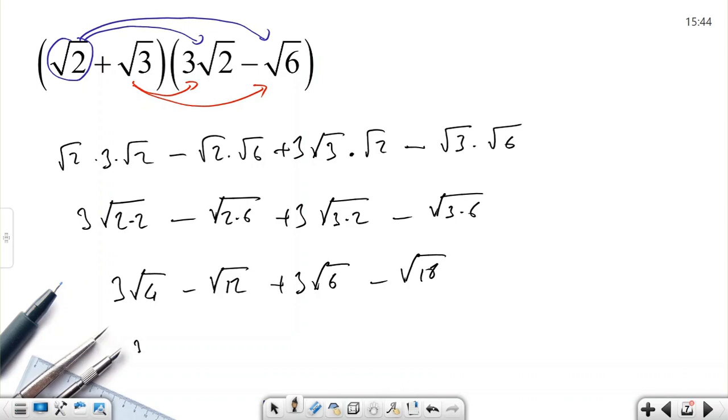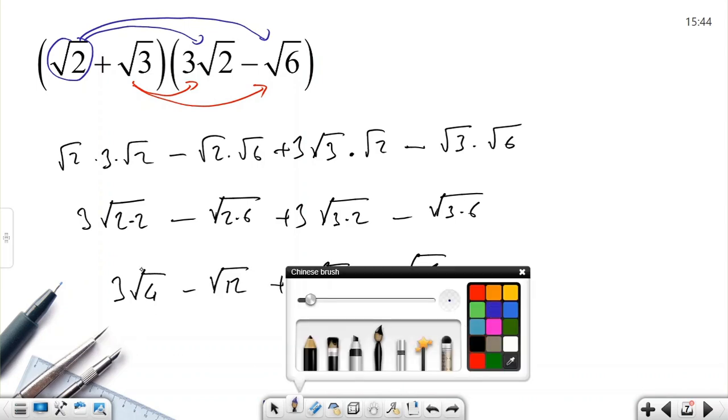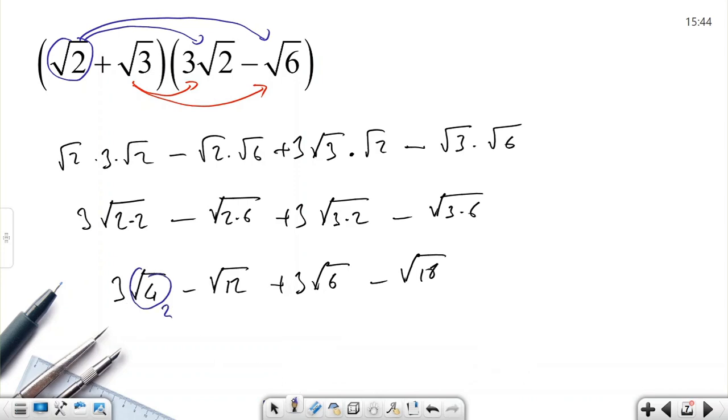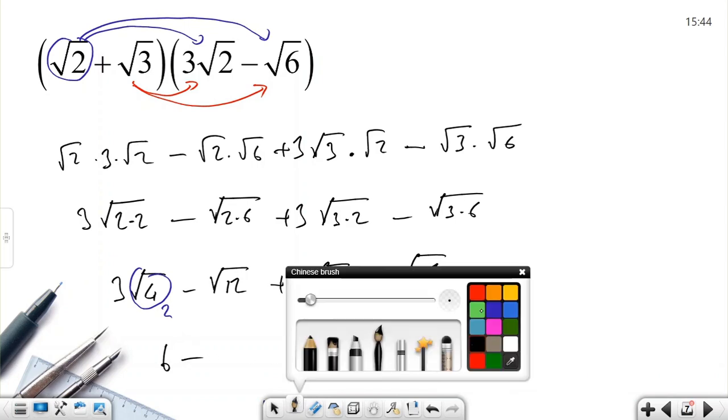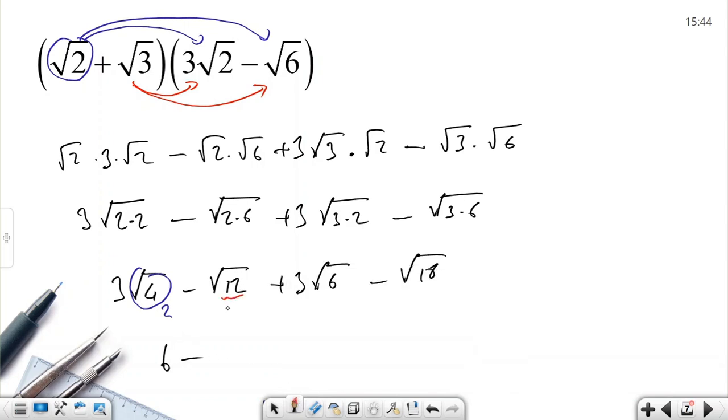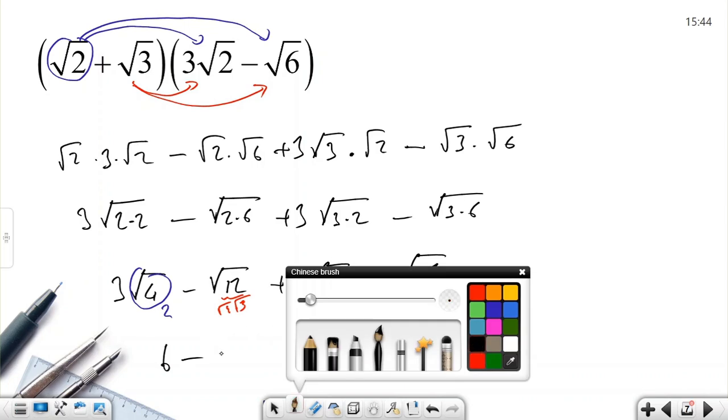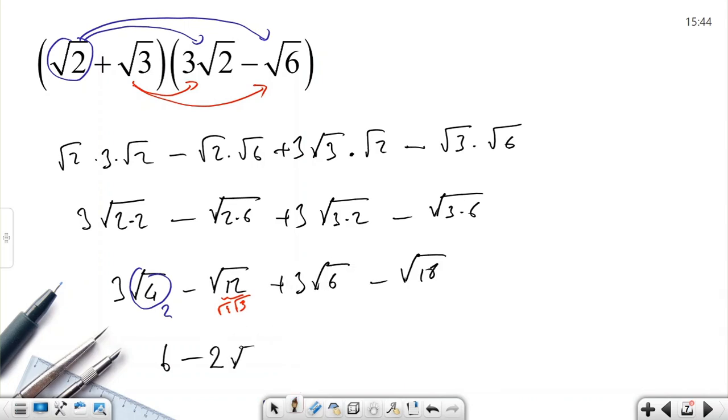Here I will skip a step because square root of 4 is equal to 2, so 3 times 2 is 6, minus square root of 12. 12 is equal to 4 times 3, so square root of 4 and square root of 3 give 2 square root of 3. Square root of 6 doesn't have any perfect square, so plus 3 square root of 6, and minus square root of 18.